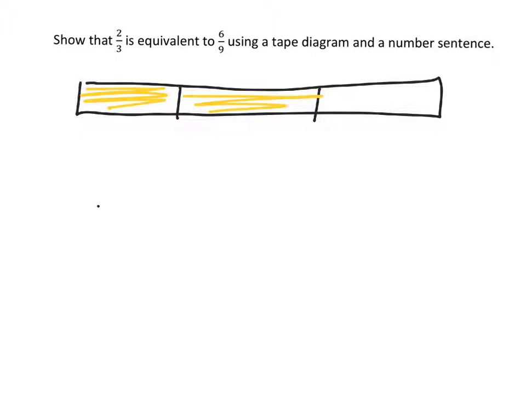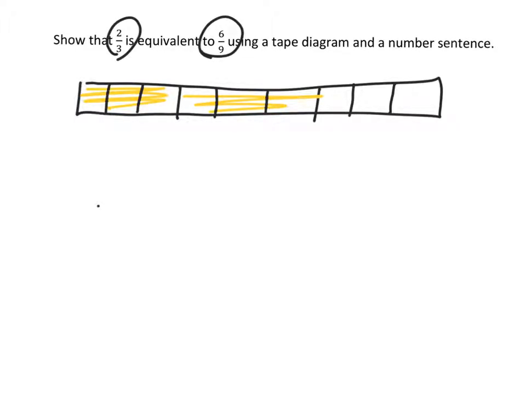So if we go like this, 1, 2, we cut it up into thirds. So now what do we have? We want to represent 2/3 and 6/9, and we did.